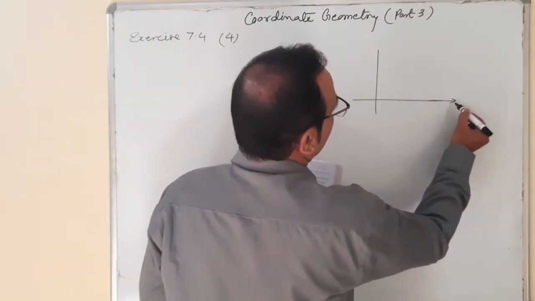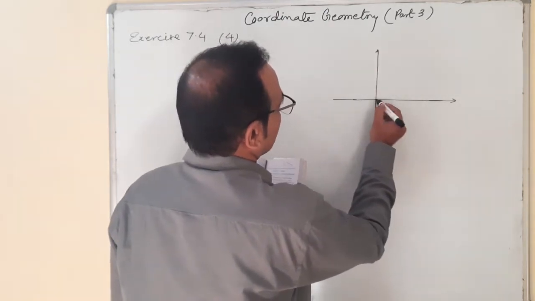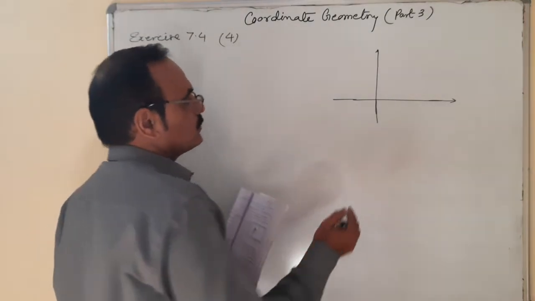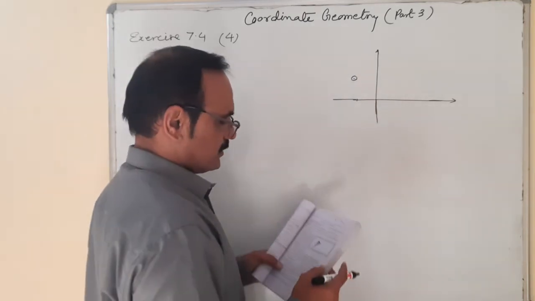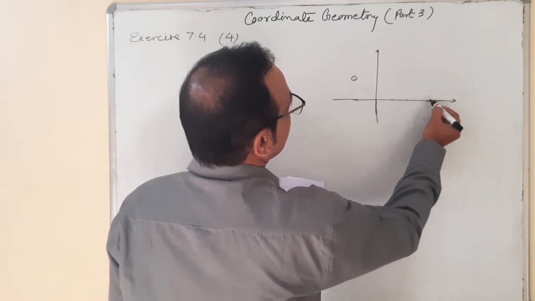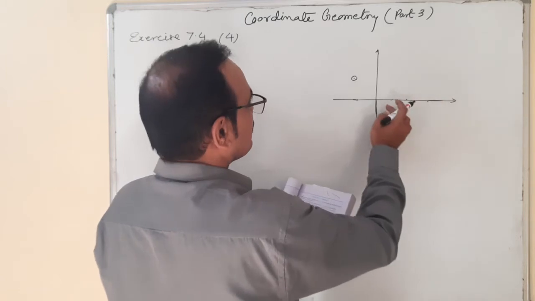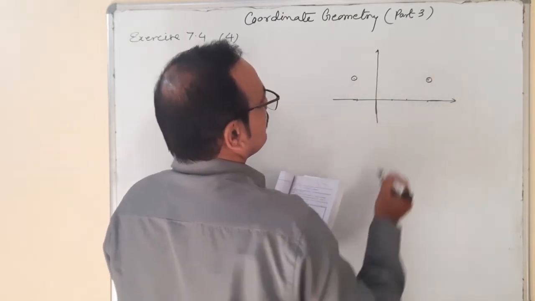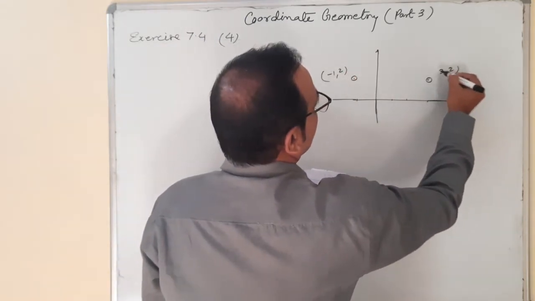I am making a rough diagram. Opposite vertices are minus 1, 2 and, I think this is the position, the second is 3, 2.